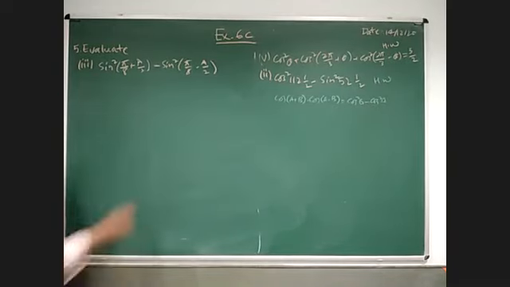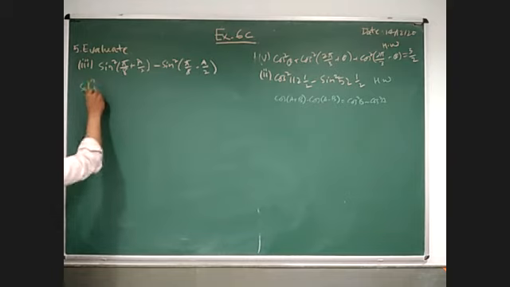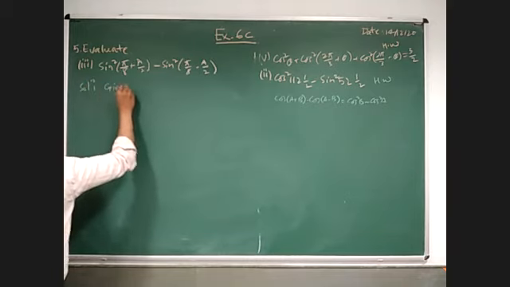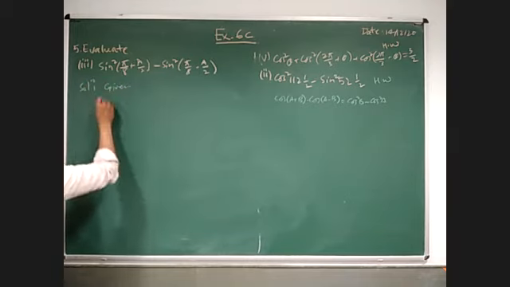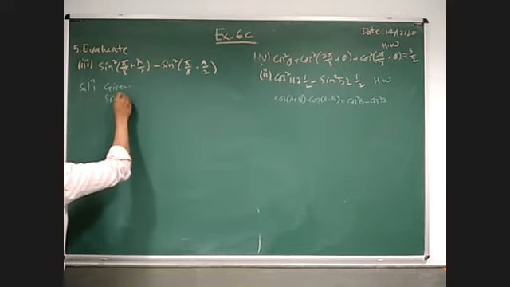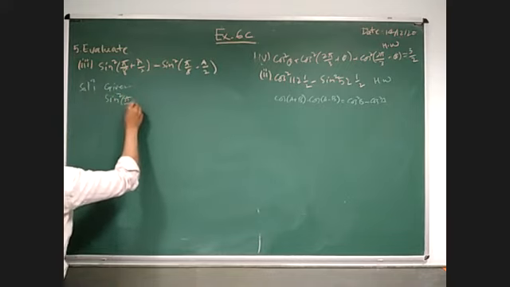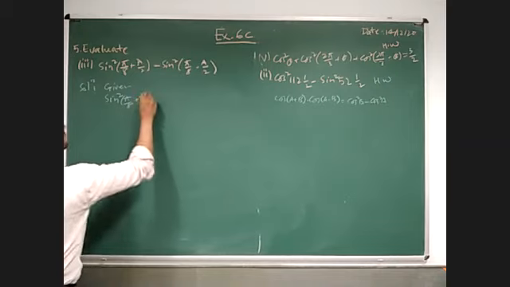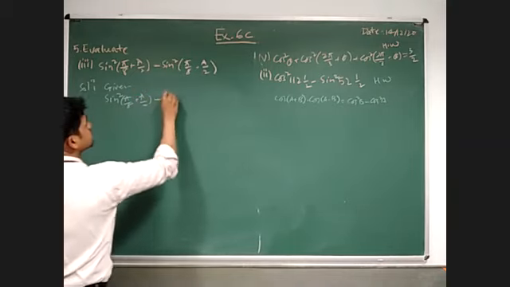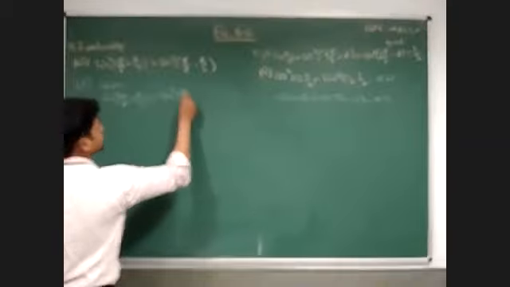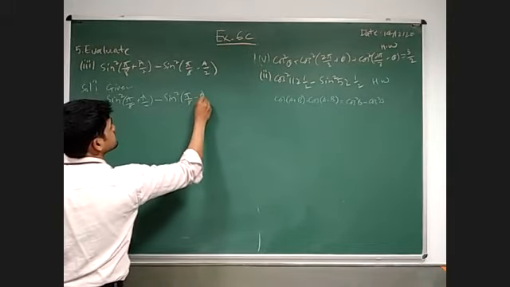Solution: the given part is sine square (pi by 8 plus A by 2) minus sine square (pi by 8 minus A by 2).